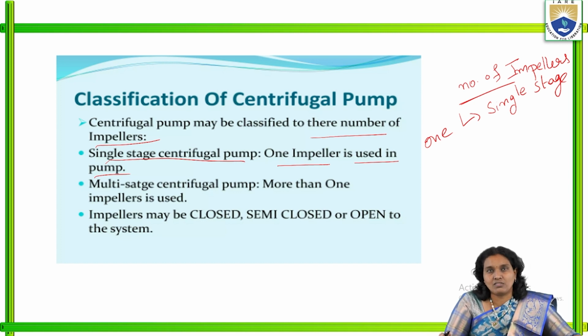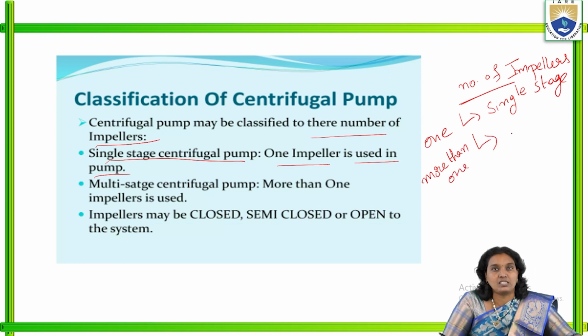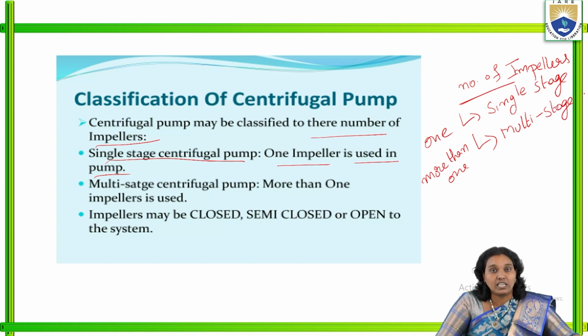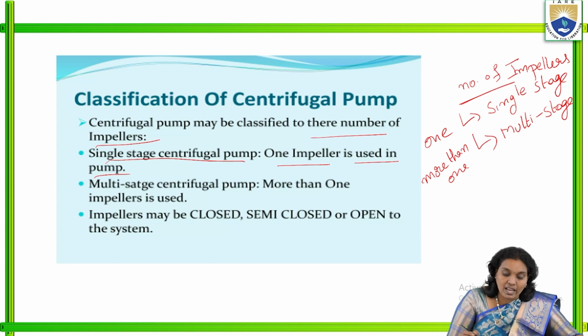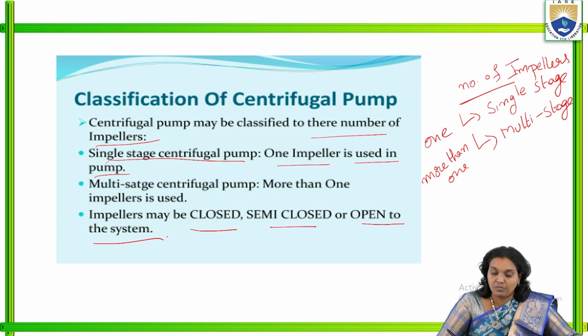in many cases we are using 2 or 3, not more than that, though in some cases it is there. Such centrifugal pumps with more than one impeller are known as multi-stage centrifugal pumps. The impellers may be closed, semi-closed or open to the system.